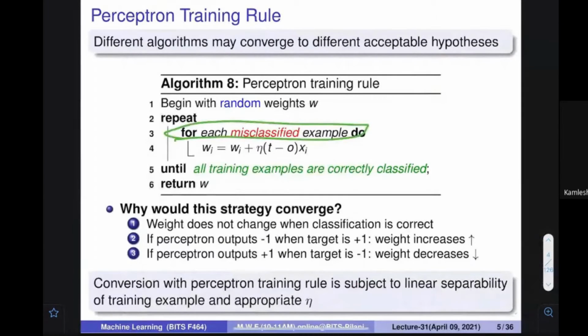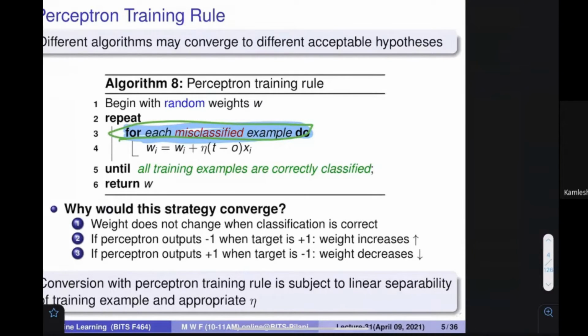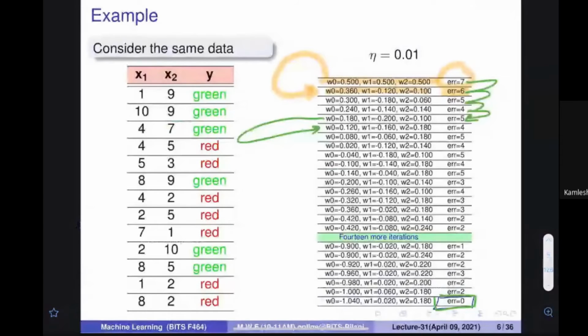So what may happen in the process is that when I make things good for one example, I may make them bad for other examples. We also saw a visual representation in the last class, but this is the important thing: this is how we find the parameters for the perceptron.